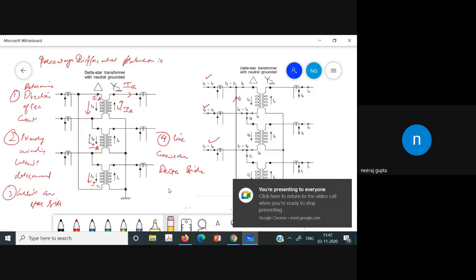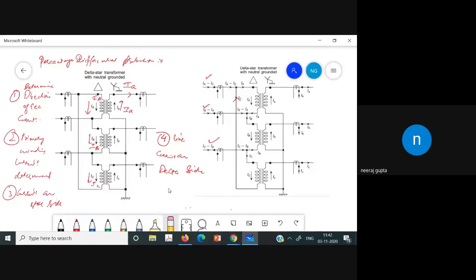Now from this, what we see is that if we connect the secondary winding of CTs on both the sides, here the CT is getting the line current, and here the CT is getting the phase current.